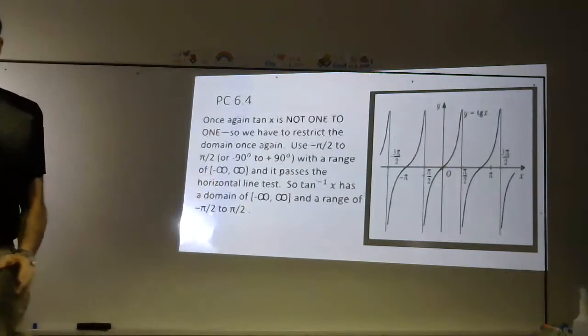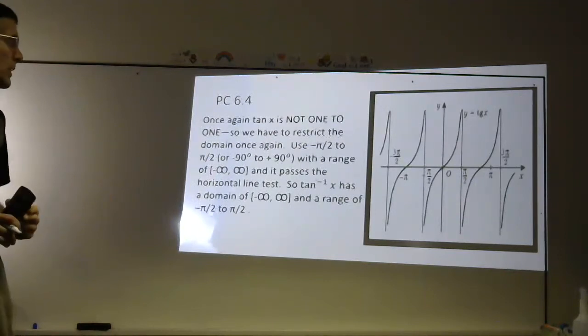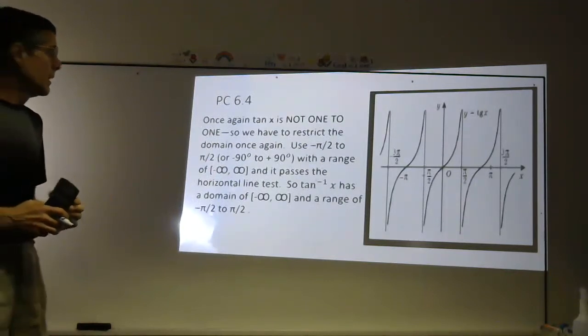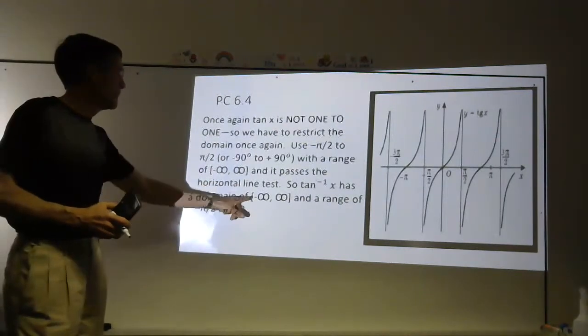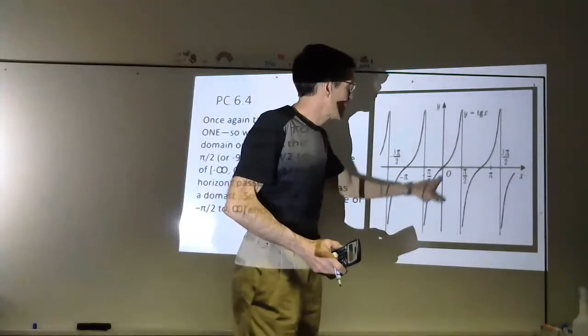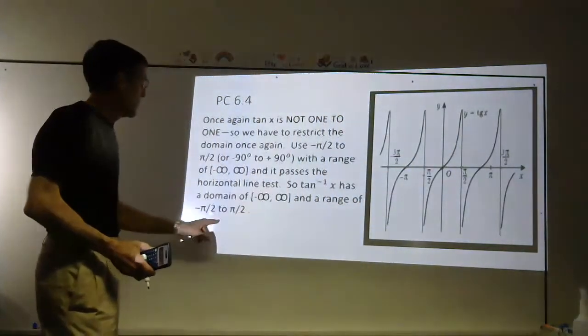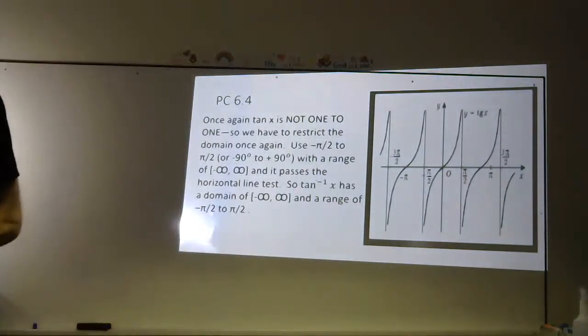So sine and tangent both have domains of negative 90 to 90. Cosine is from 0 to 180. Tangent inverse has a domain, we're going to switch, the domain for the inverse would be all the real numbers, and a range of negative 90 to 90.